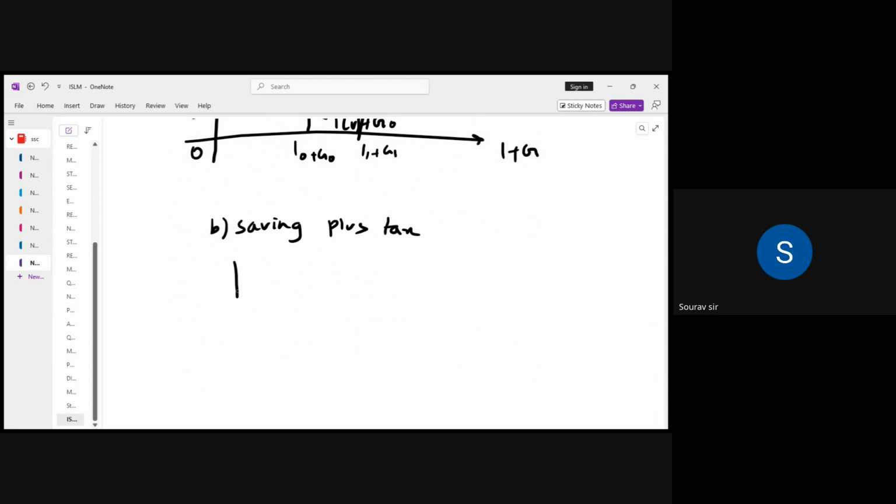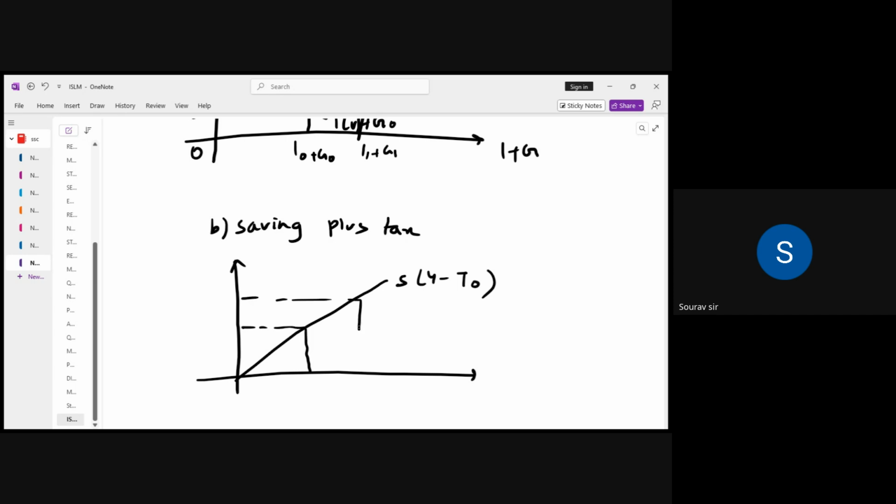So that is S(Y - T0). So I0 + G0 will equal S0 + T0. I0 + G1 equals S1 + T0.